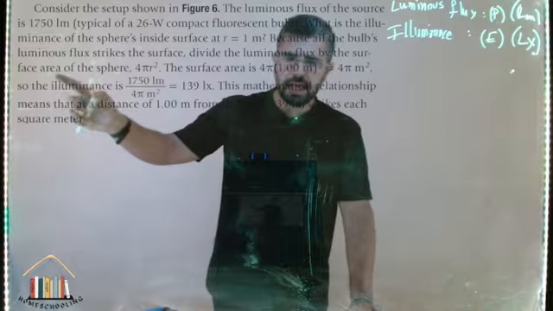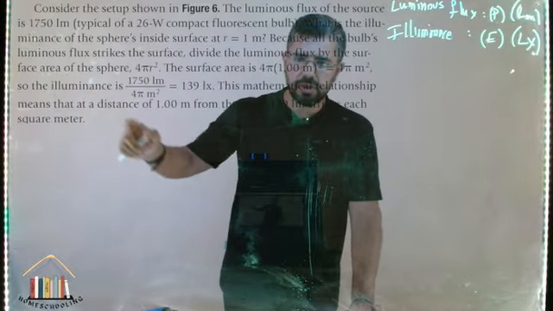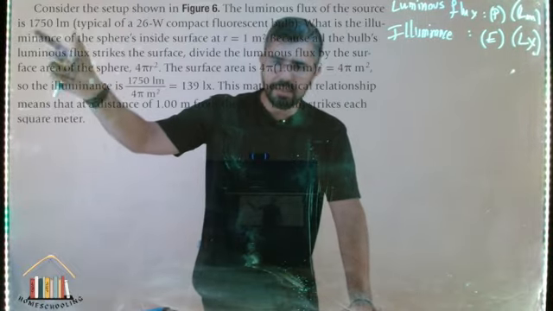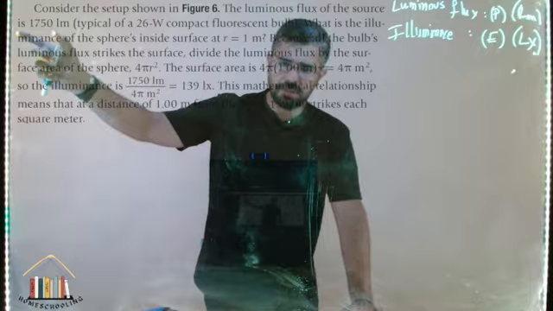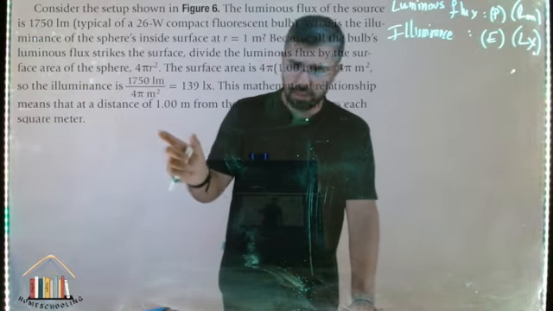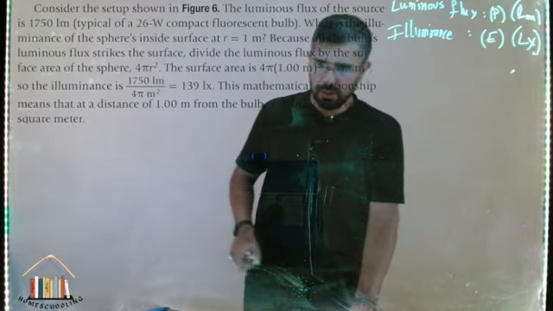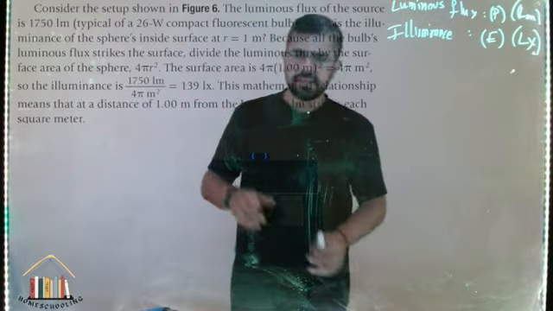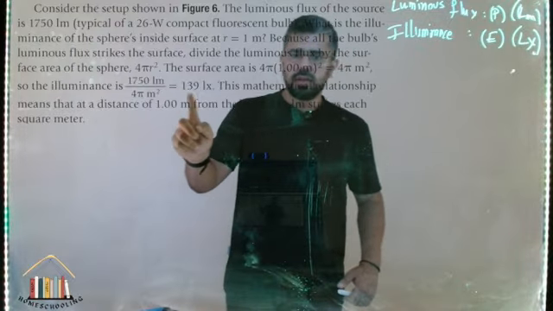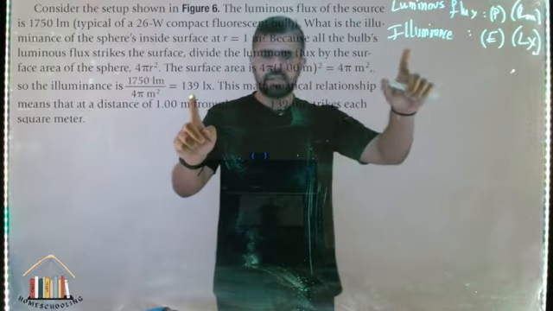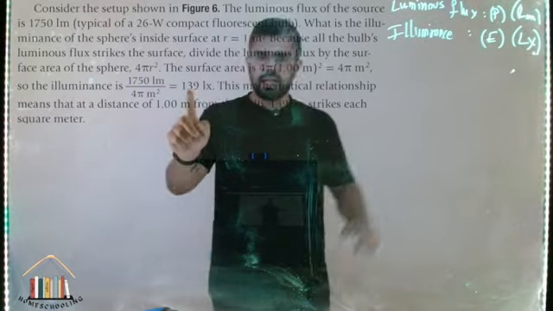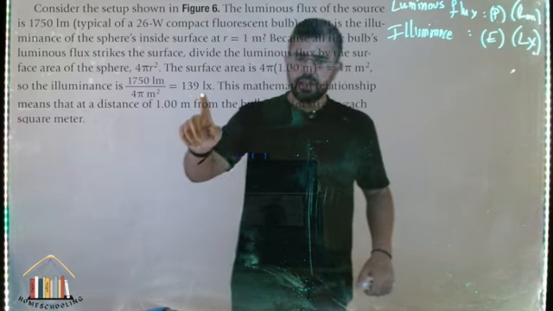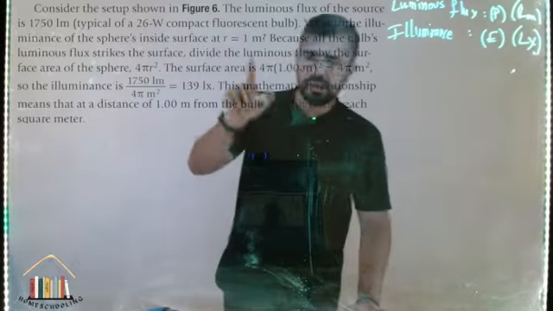Because here they are asking about the illuminance, how do we calculate it? We bring this value of the luminous flux and divide it by 4 pi r squared. It's 4 pi r squared, the area of a sphere, and that's how we calculate the illuminance E. So the illuminance is 139 lux, because r equals 1 meter.